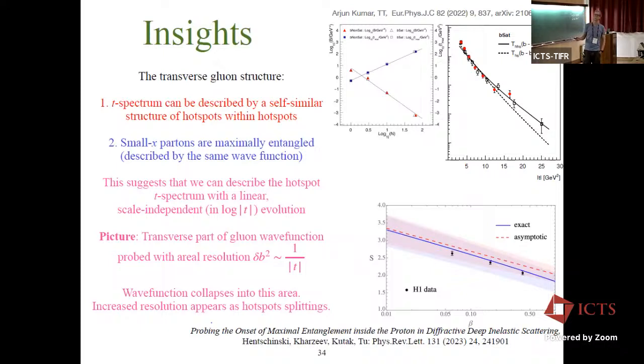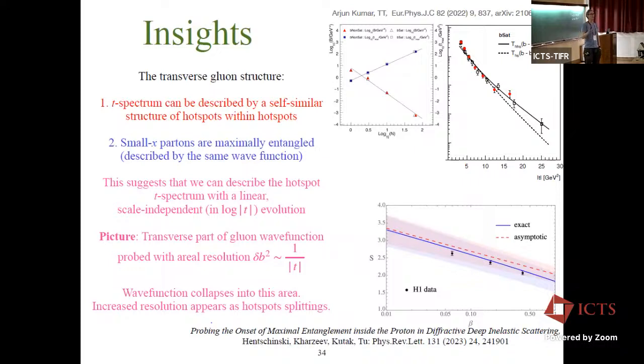So what we talk about is that we let the Pomeron act as a probe, and the resolution of the probe is 1 over t in space. So the areal resolution is 1 over t. That means that if we make a measurement in one event at a value t, we probe an area of 1 over t. So this collective wave function collapses into this area of 1 over t.